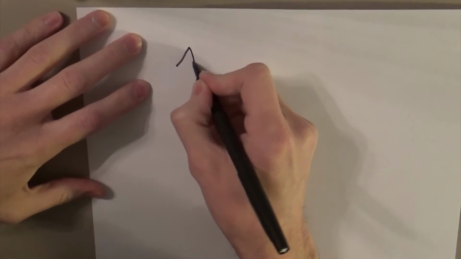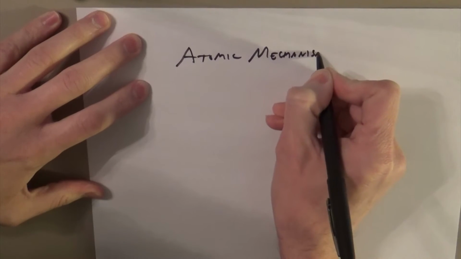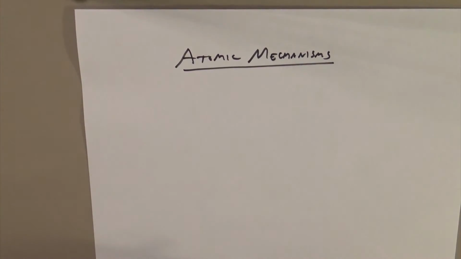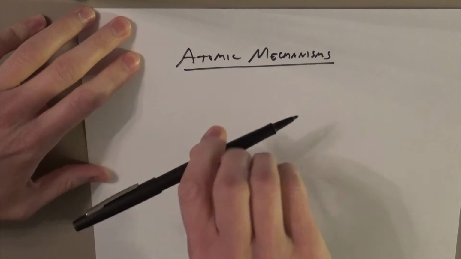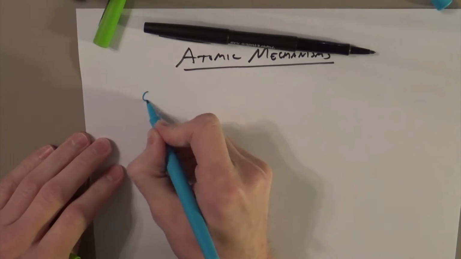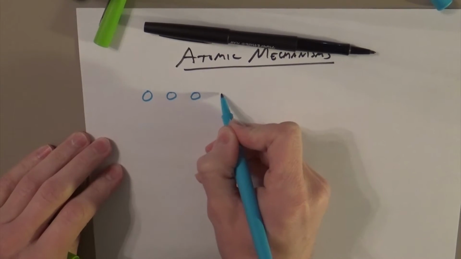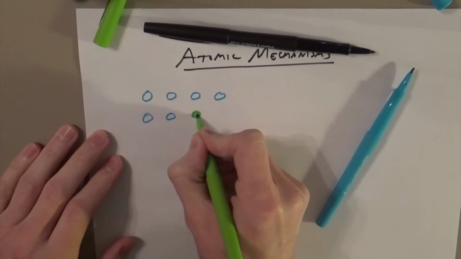So let me, right? One mechanism would be what I call a direct exchange mechanism, in which you would have, well, let's go back and open these up again, you'd have, say, and then we'll have a different, say, a green atom there.